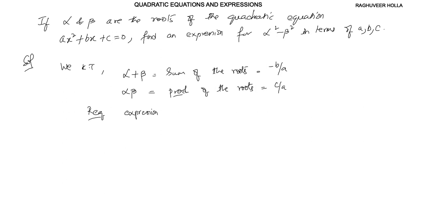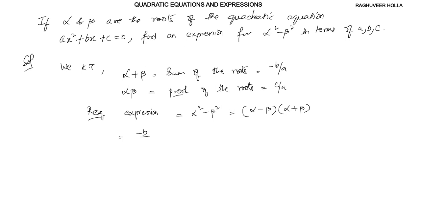Now the required expression is alpha squared minus beta squared, which is alpha minus beta times alpha plus beta.